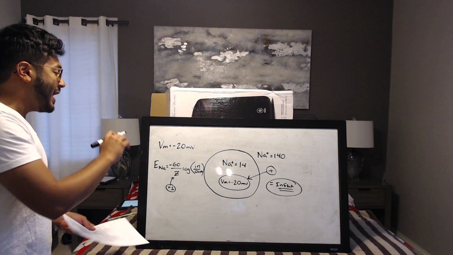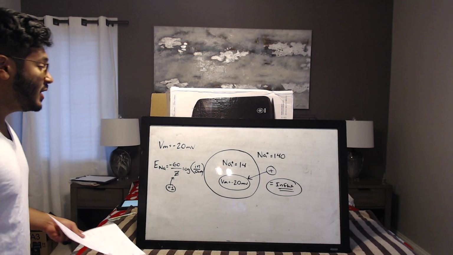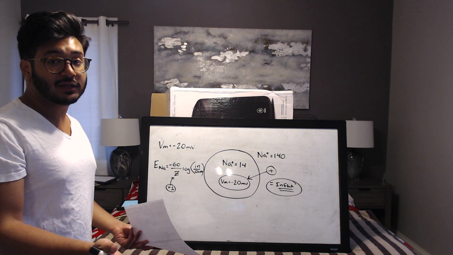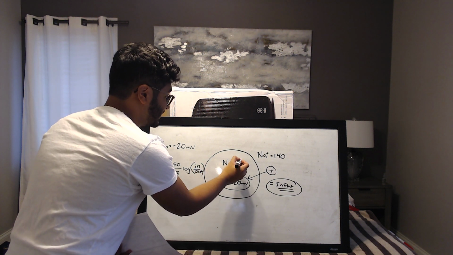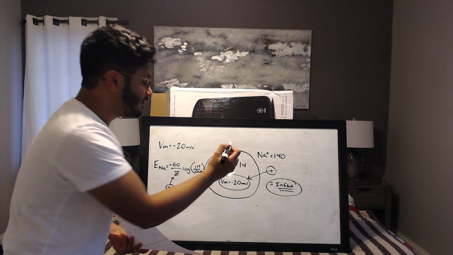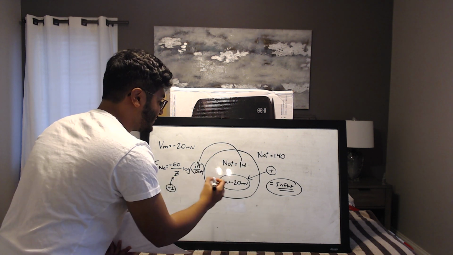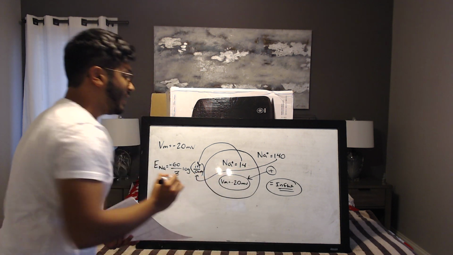So now we had our EM value, which we were calculating out. All you have to do is plug in the numbers that you're given. In this case, you're given the inside of the cell for sodium to be 14, and the outside of the cell is going to be 140.